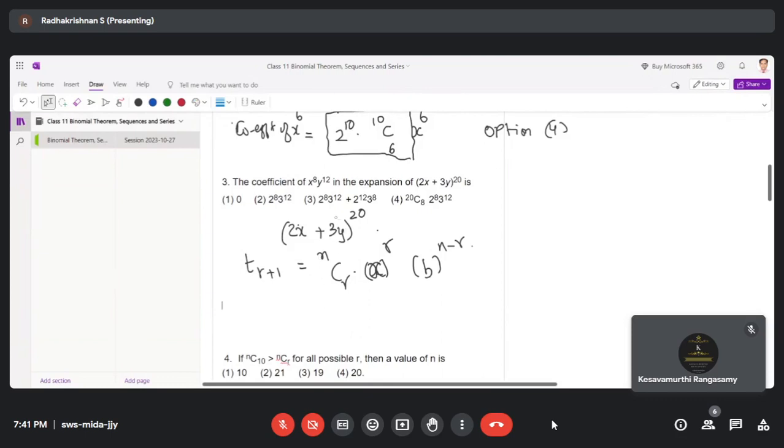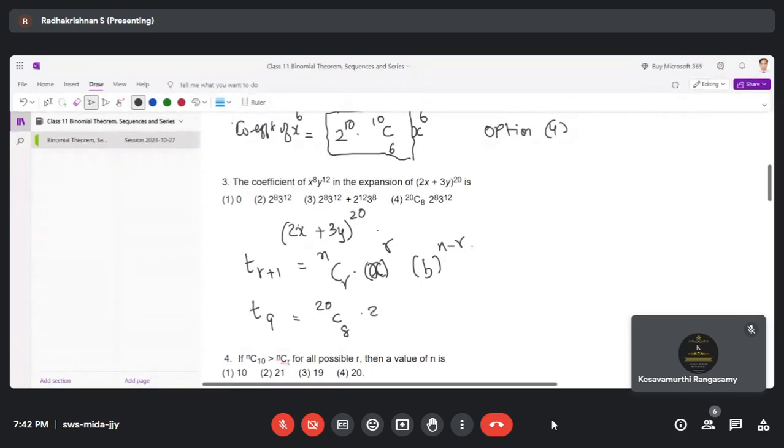So we want a term that has got x to the power of 8 and y to the power of 12. We have to put r equal to 8. So that means T9 will be 20C8. So r equal to 8.